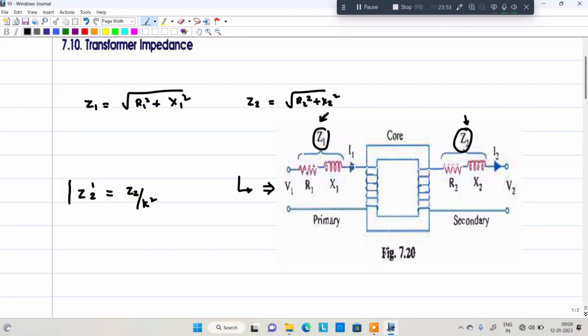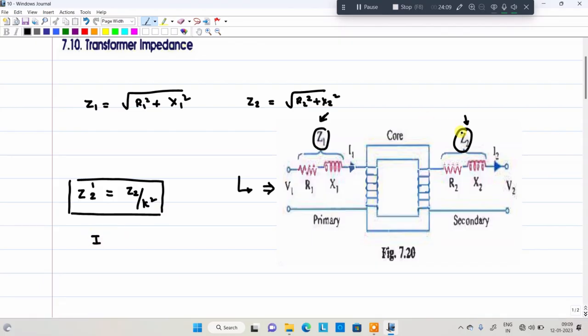Got my point? If you want to transfer the impedance from the secondary side to the primary side, the formula is Z2 by K square.